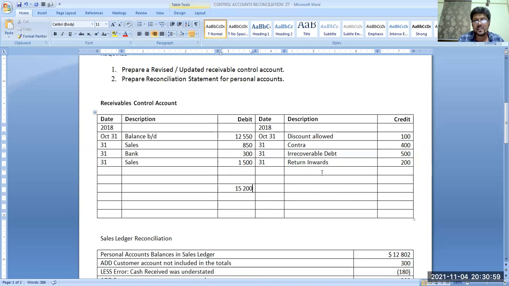Answer is 14,000. So the new balance on 31st, balance CD, is 14,000. Got it? So now here we have 15,200 on both the sides.